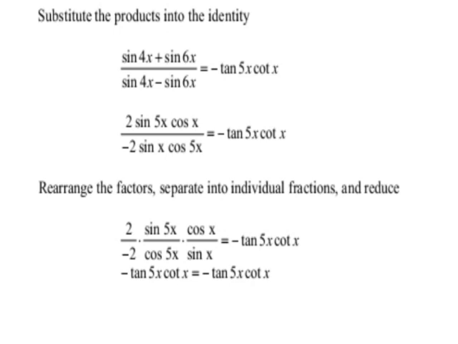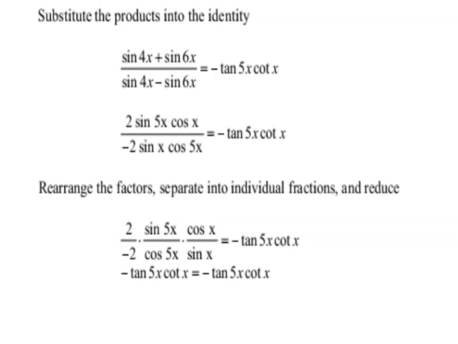Then substitute the product into the identity. Sine 4x plus sine 6x over sine 4x minus sine 6x is equal to negative tan 5x cotangent x. So 2 sine 5x cosine x over negative 2 sine x cosine 5x is equal to negative tan 5x cotangent x. Then rearrange the factors, separate into individual fractions, and reduce.